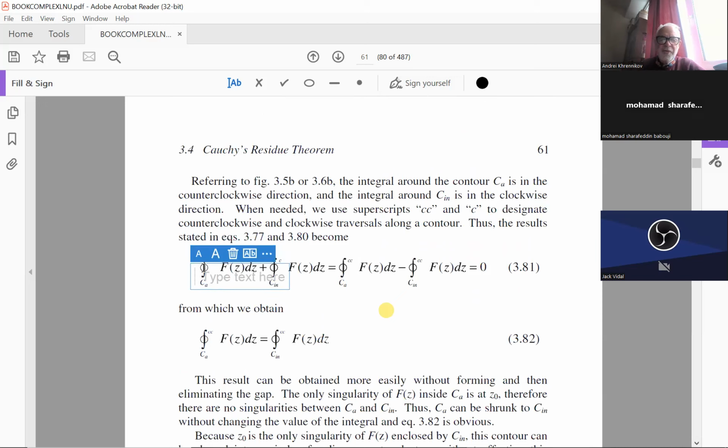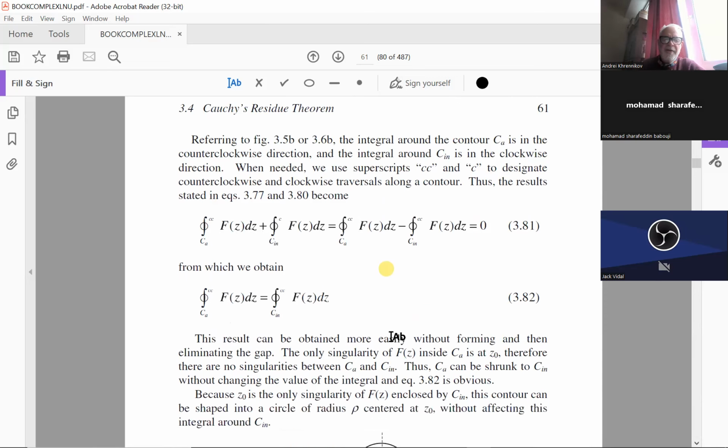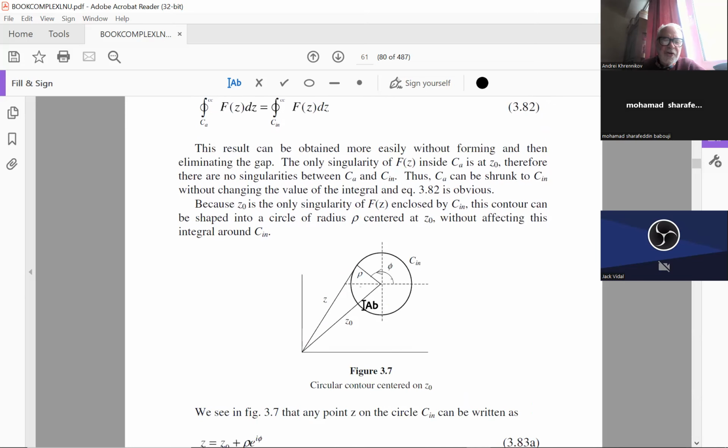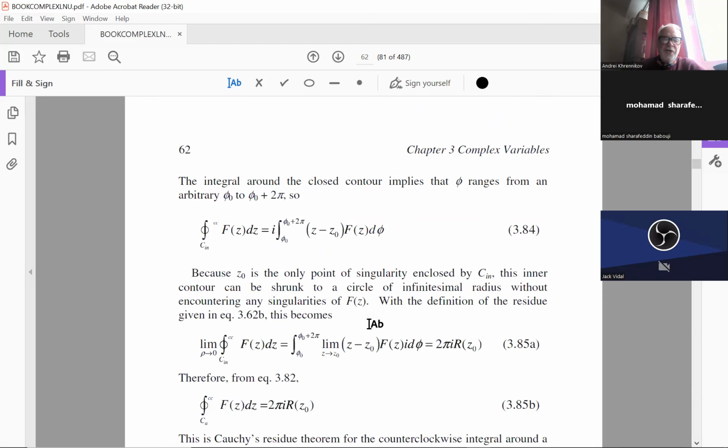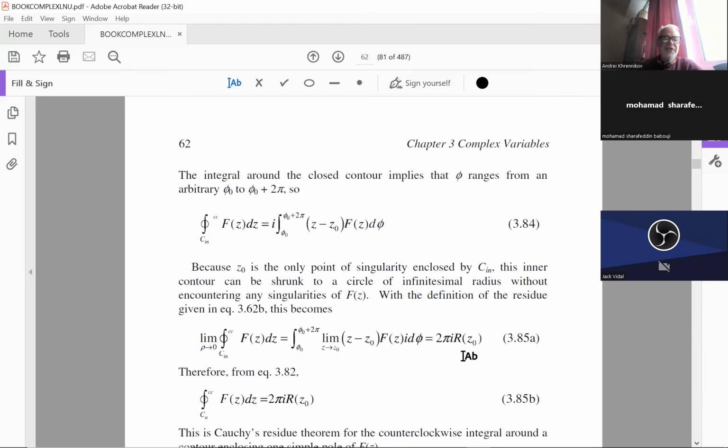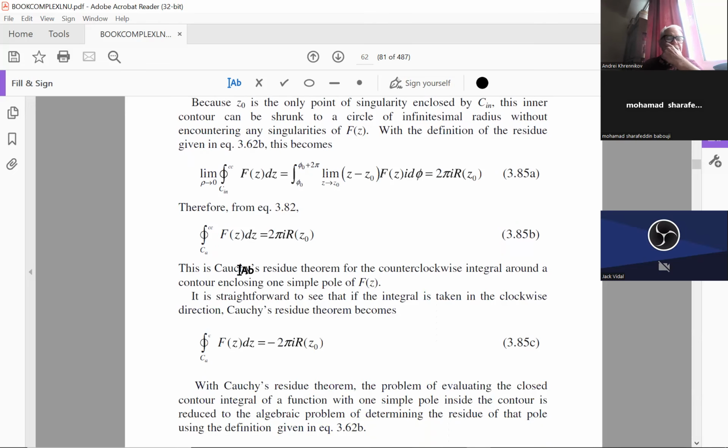If the radius goes to 0, this z, which is on this circle, goes to z0. So now we get this, and this is the residue. So we got this formula, where phi goes from 0 to 2 pi. This is anticlockwise or counterclockwise. If we go the other direction, we change just the sign. So if you have the same integral clockwise, this is minus 2 pi i residue.